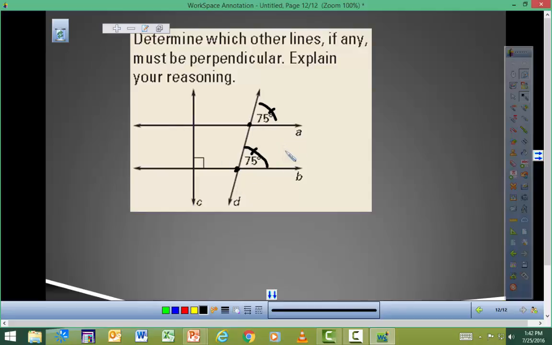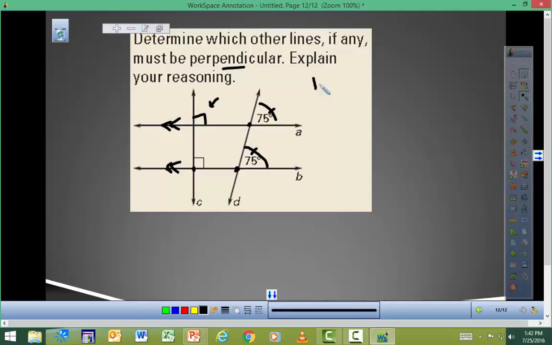According to section 3.4, if the corresponding angles are congruent, that means this line here is parallel to this one. And we just learned from the previous theorem that if one of these lines is perpendicular and you have parallel lines, then so is the other one. So we're going to say that that's perpendicular.